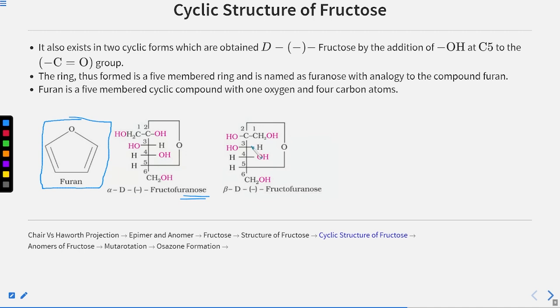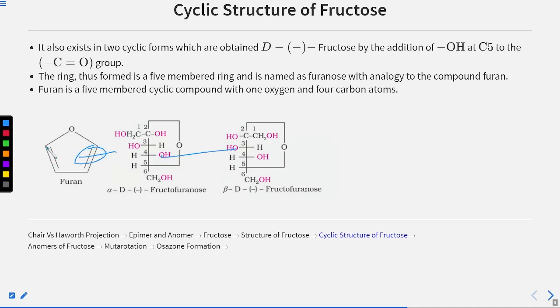Okay, clear? Got it? So this is called alpha D and this is called beta D. D is for the OH on the right side, and alpha is for the OH on the downside of the C2 carbon, and opposite it for beta. Now, both of these structures show a clear resemblance.